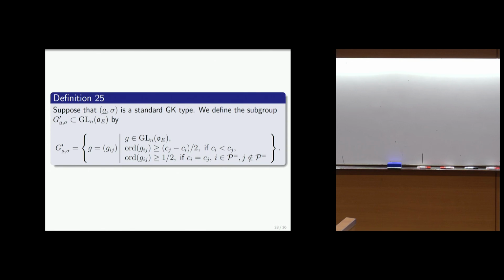So now suppose that (A, σ) is a standard GK type, and we define a subgroup in this way.